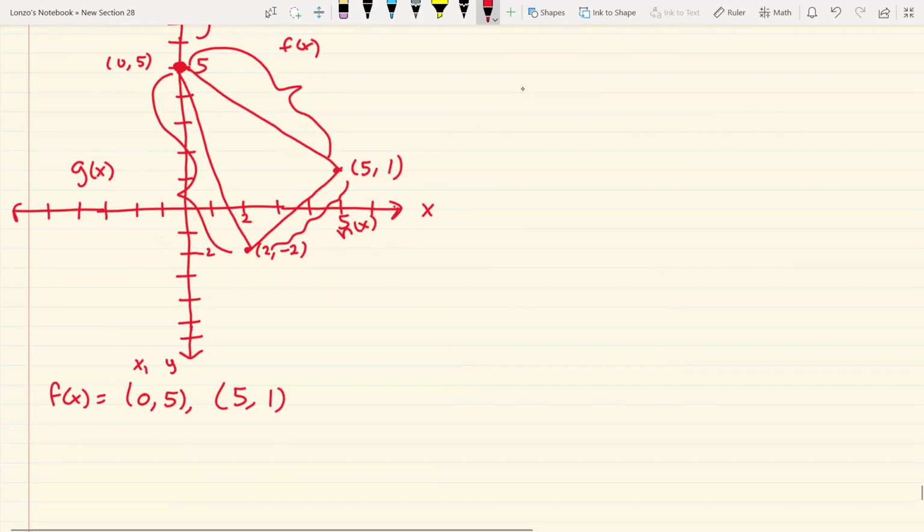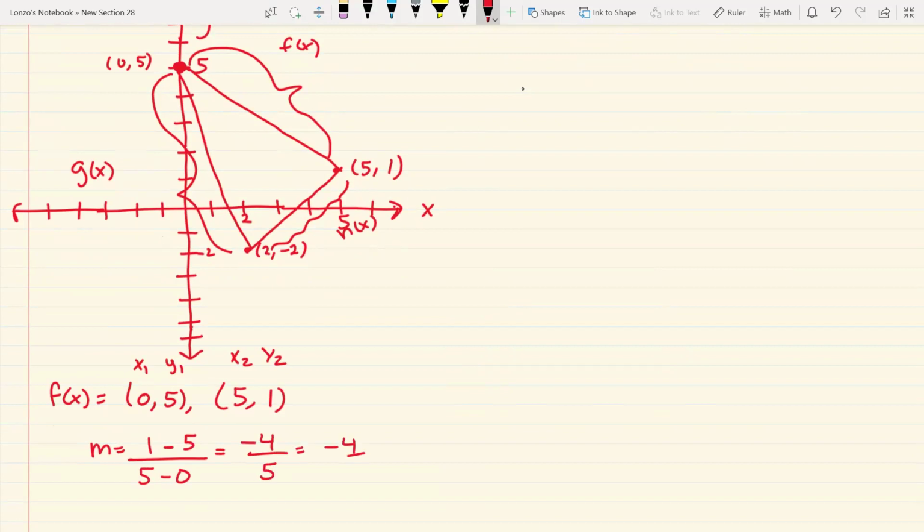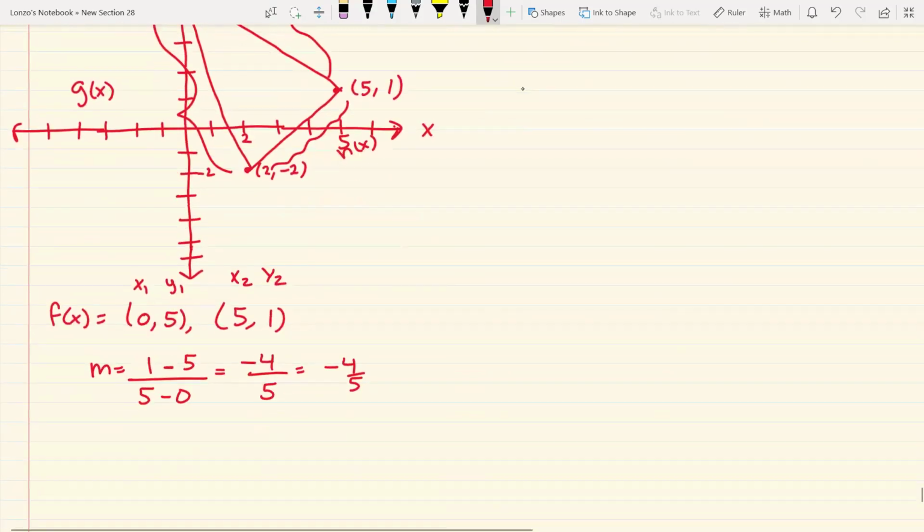This is x1, y1, x2, y2. So my slope is going to be y2 minus y1, so that's 1 minus 5, and then it's going to be 5 minus 0. So 1 minus 5 is -4. 5 minus 0 is 5. Your slope is -4/5, so f of x equals -4/5 x.